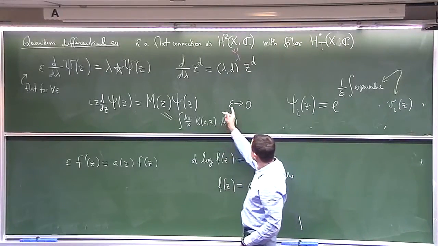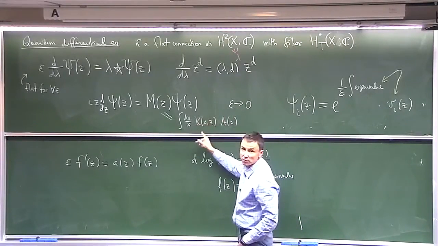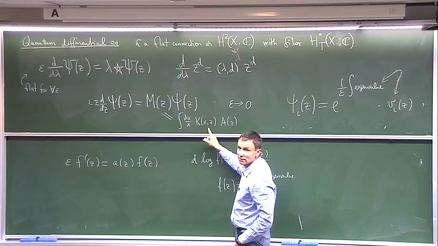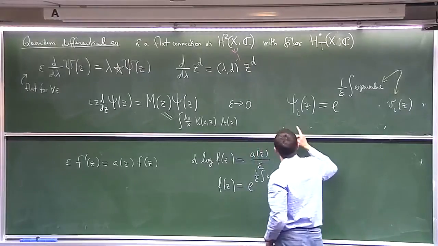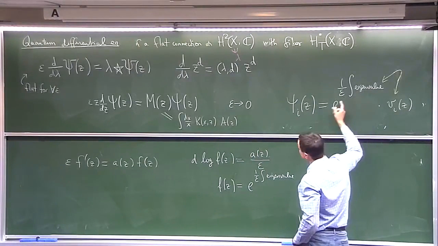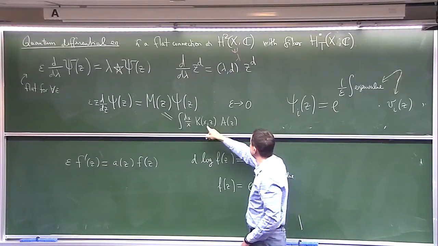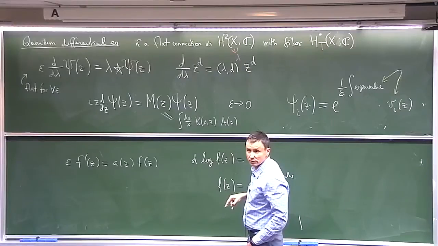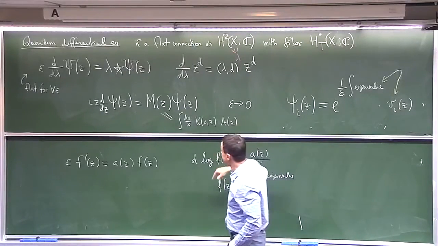Then as epsilon goes to 0, this thing will blow up. We'll have some critical point in x. This will tell you what the spectrum is, and then the restriction of this matrix to the spectrum will give you the eigenvectors.